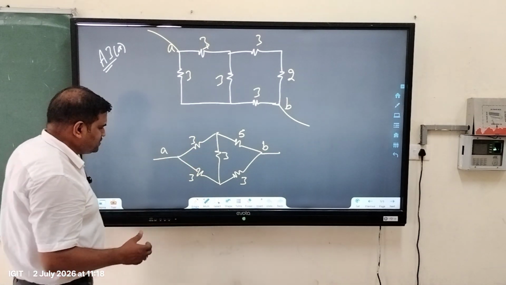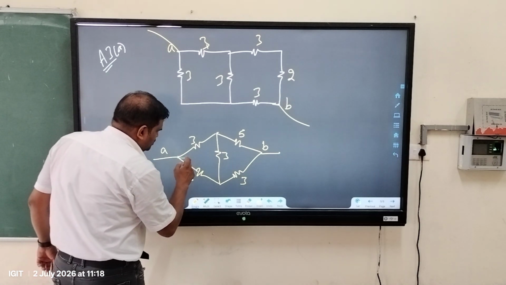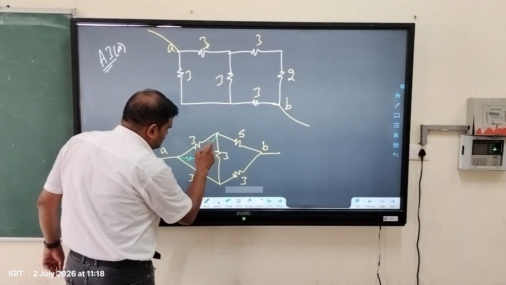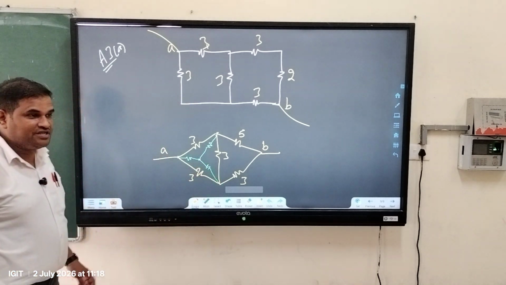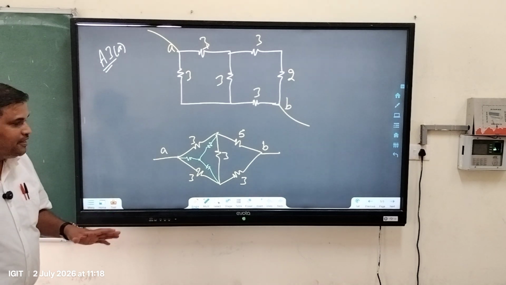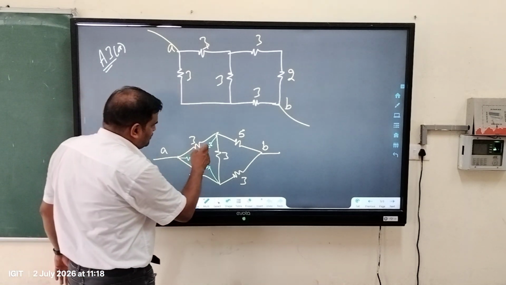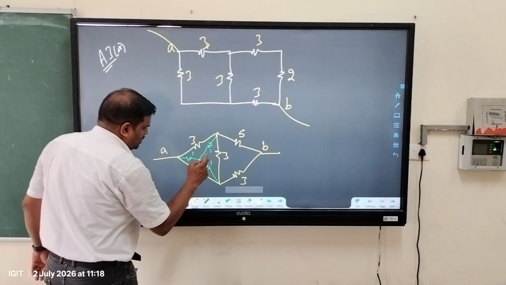What you have to do is convert that delta into a star. If you convert the delta into star, then this numerical will be very easy. What is the value of this star? You can say RA is 1, this is 1.